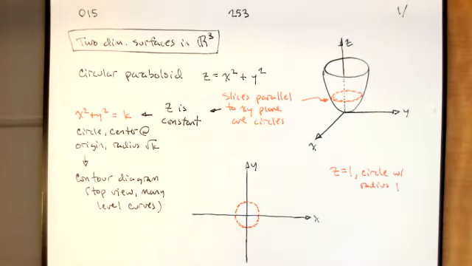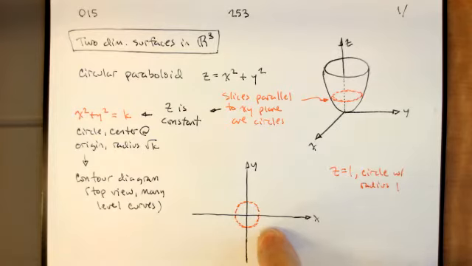Now I'm going to look at another level curve. I'm going to make the level curves 1 unit apart. So now I'm going to pick z is equal to 2. So my equation will look like x squared plus y squared equals 2. So we're going to be drawing a circle with the radius square root of 2. So this circle is going to be a little bit closer to our circle of radius 1, because the radius is going to be like 1.4.